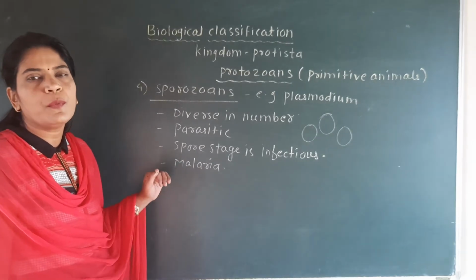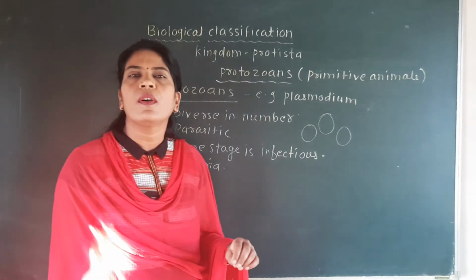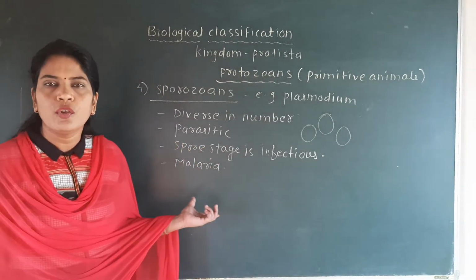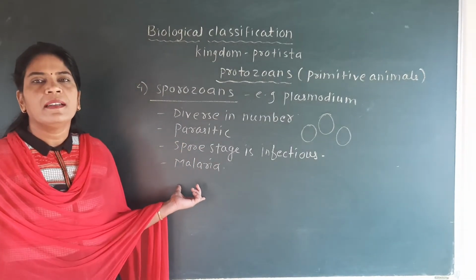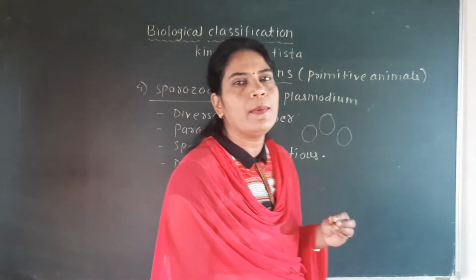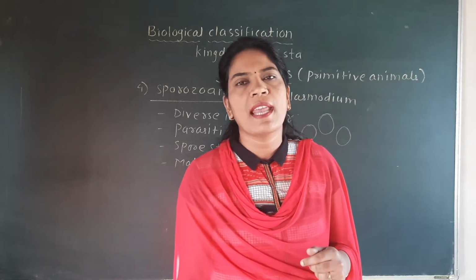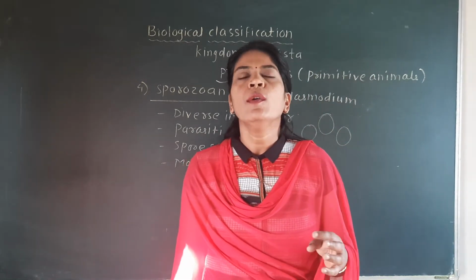But this protozoan plasmodium is not directly responsible for the disease malaria in the human being, because the disease malaria is carried toward the human being by a vector, by a carrier, and the name of that carrier or vector is the mosquito.